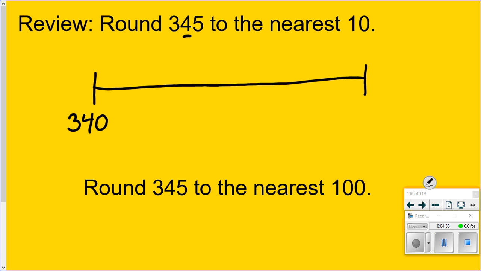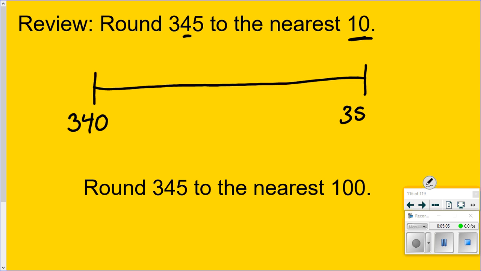How long is this number line? How many numbers until I get to the end? Harper? It's going to be 10 because I'm rounding to the nearest 10. My number line is only 10 numbers long. Will, what's going to be my end point? Is it going to be 400? 350.